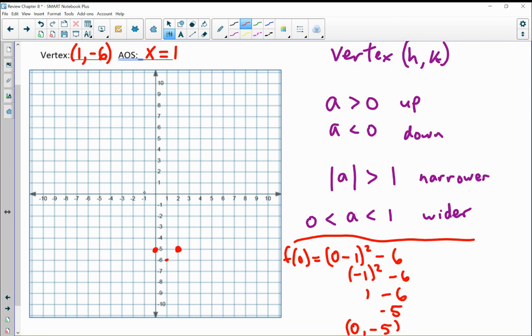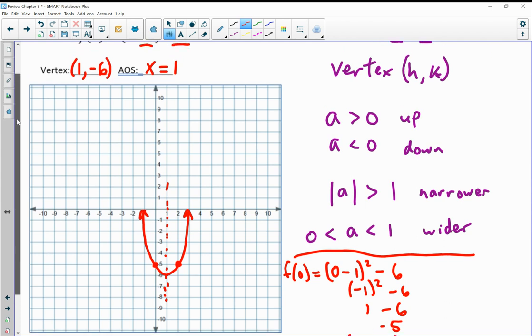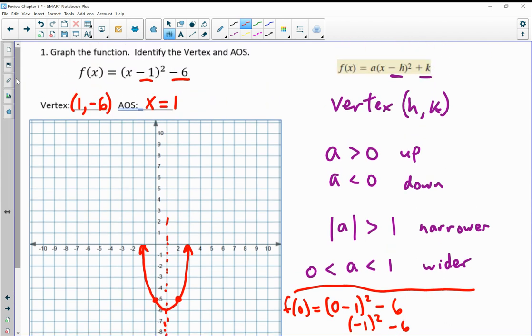And so our parabola would be something like this, and your axis of symmetry. Very good. Any issues, you can practice that, do various forms on it, but this is the general setup for the problem.